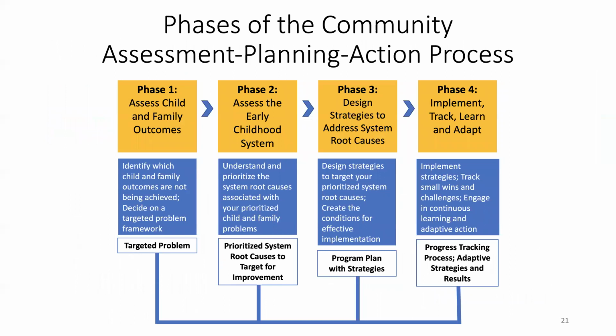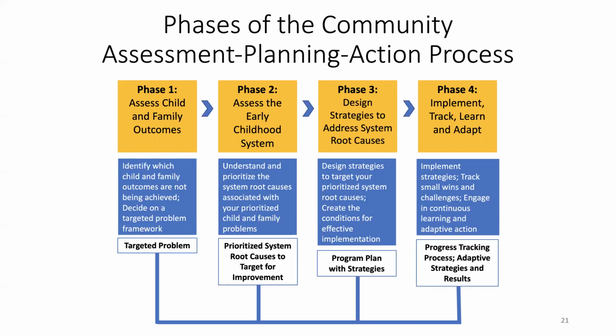So here is a picture of the assessment, planning, and action process I've been referring to. This is what we use for the child and family initiative. Phase 1 is where we assess the child and family outcomes, again using the developmental pathway. In phase 2, we assess the system to see what system issues are getting in the way of us best supporting those families experiencing those problems.